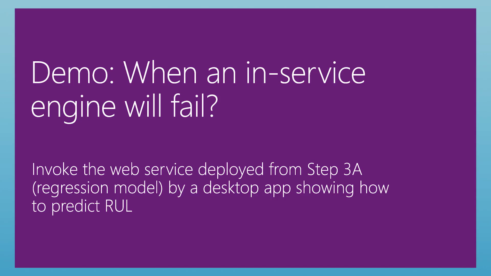So let me quickly show you the demo. The demo I want to show is to get the remaining useful life back from the regression model we deployed within Azure ML. This is the interface. It's just a desktop application.